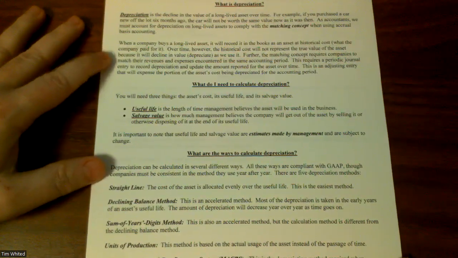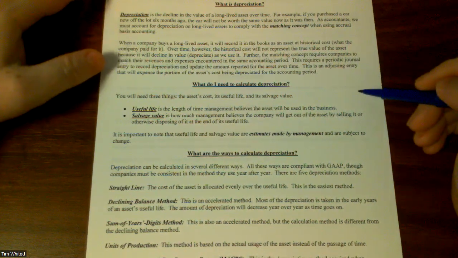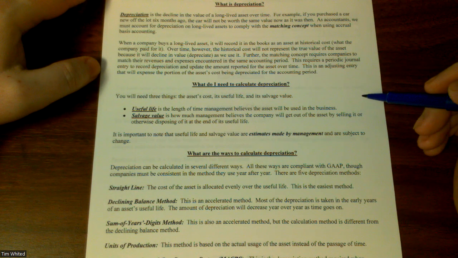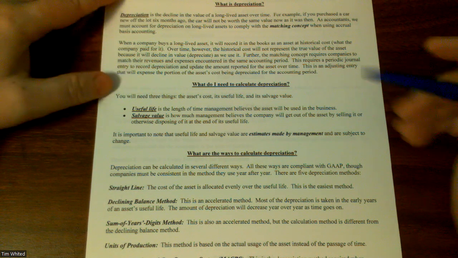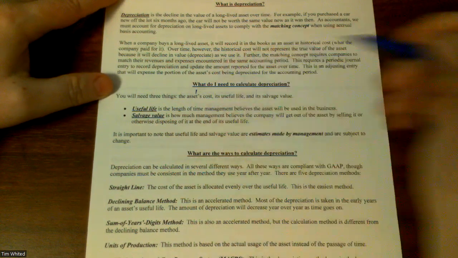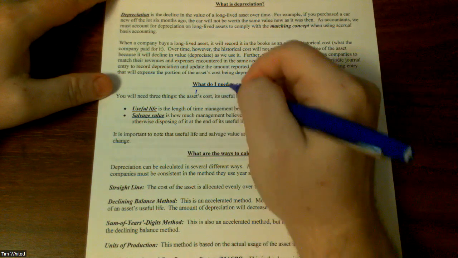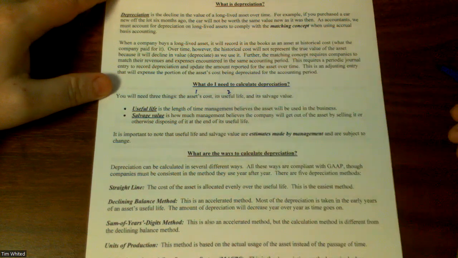So the first thing we need to talk about is, what do we need in order to figure out the depreciation on an asset? Well, you need three things to do that. You need to know what the asset cost you. You need to know its useful life.